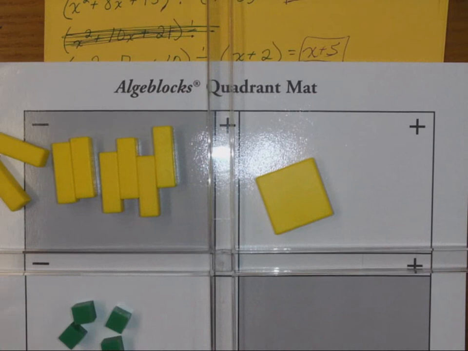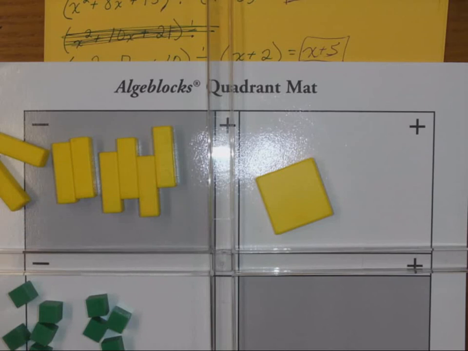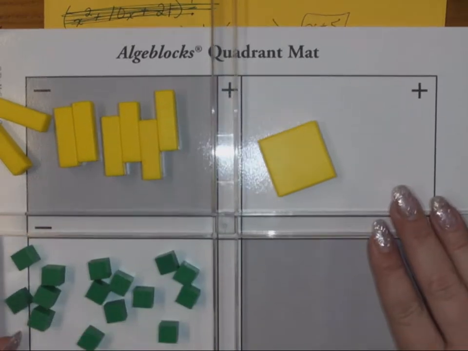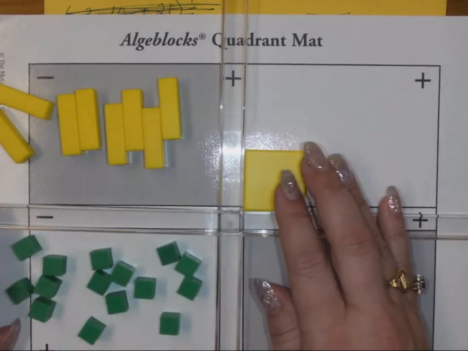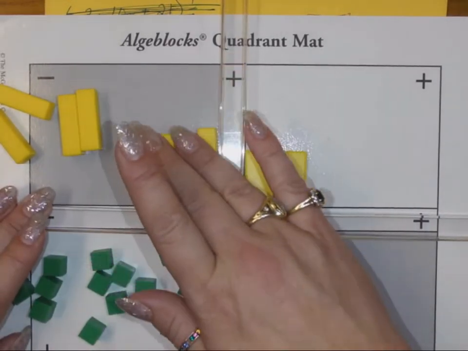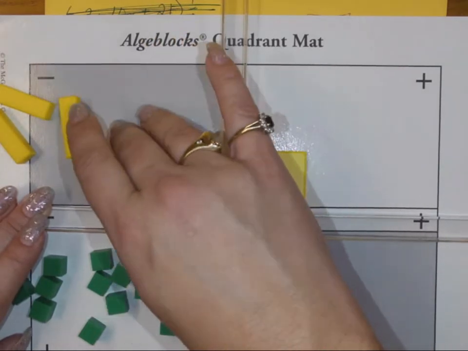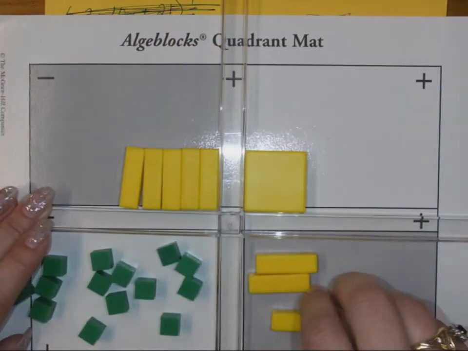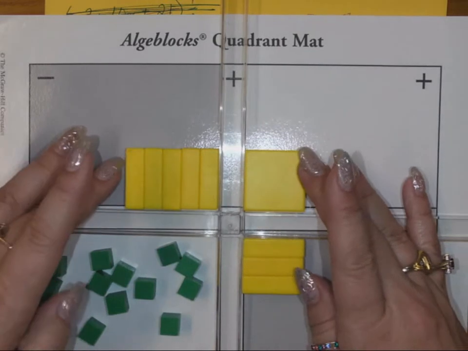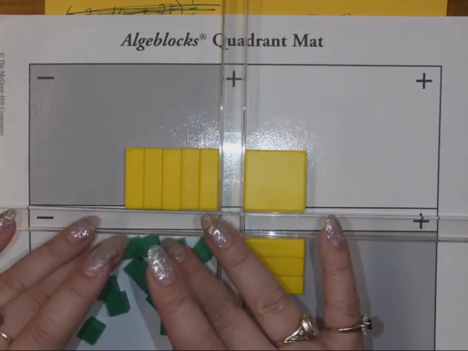1, 2, 3, 4, 5. We already did this one, so we have a feeling for what it's going to look like, right? I think I know what it's going to look like. Okay, so here we go. There's my x squared. It should have been like a 5x and a 3x, right? Okay, fill it in.